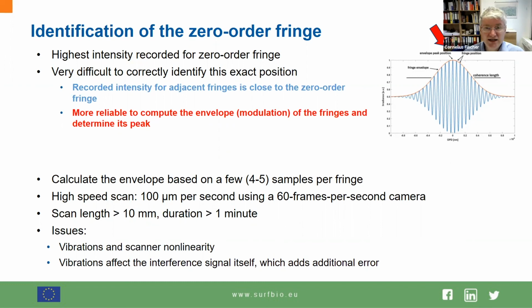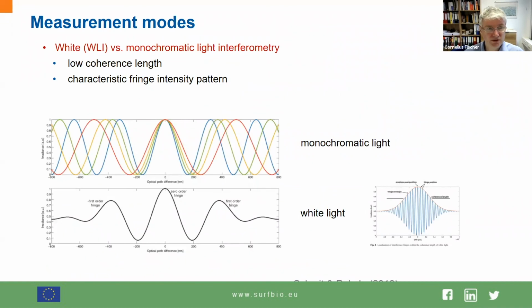So this identification of the zero order fringe out of this kind of interference pattern is quite difficult. This applies for both the monochromatic and the white light, because the differences in intensity are not so high that they can be detected fairly quickly.